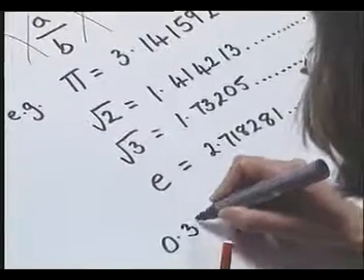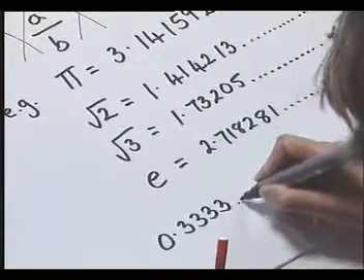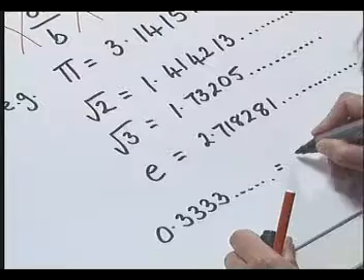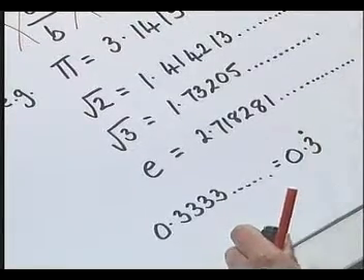Now, it's worth just mentioning recurring decimals, because sometimes people think that some of our recurring decimals are irrational numbers. They're not, because, for example, 0.3 recurring goes on forever, that we write as 0.3 with our dot.